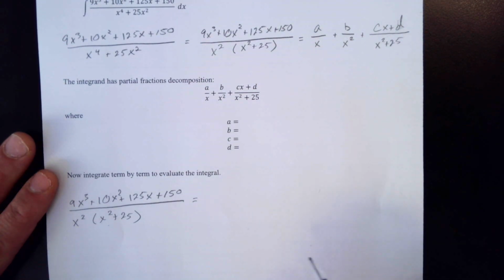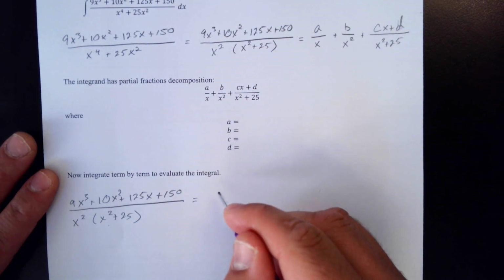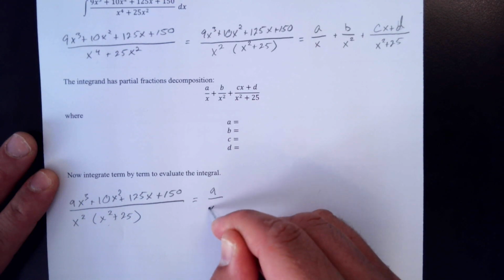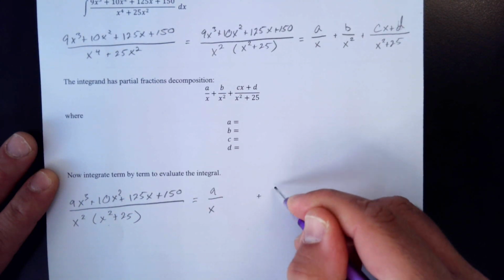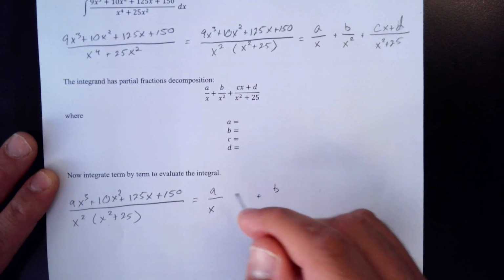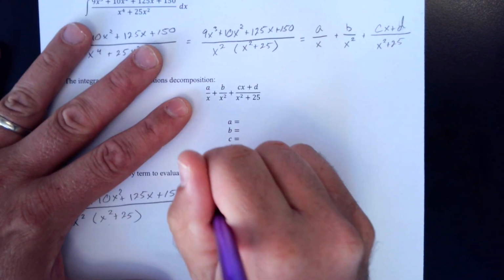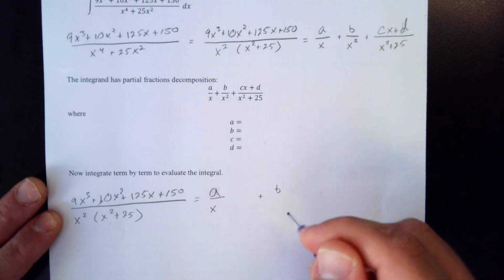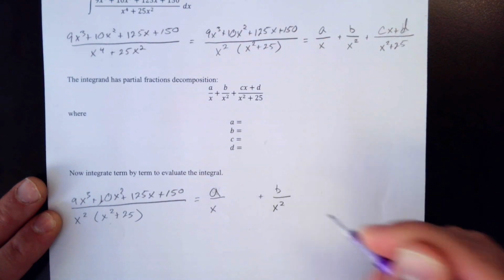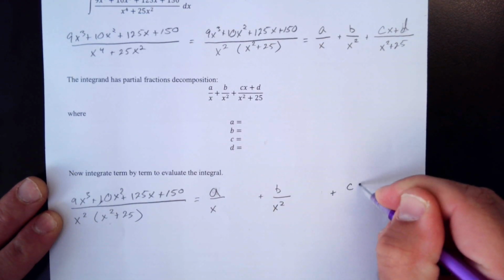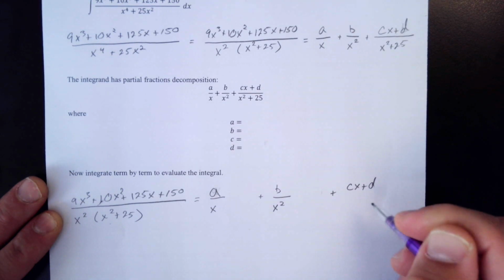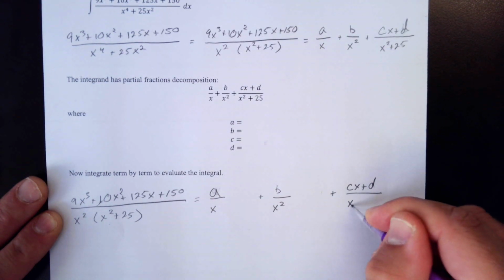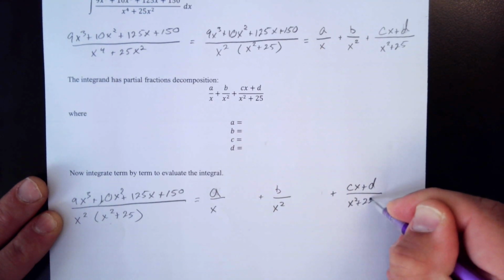And I know that this is the same as, and I'll leave some space, a over x, I'm sorry, not 9, a over x, I don't know why I made that a 9, plus b over x squared plus cx plus d over x squared plus 25.